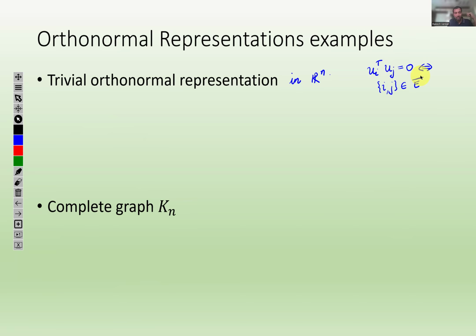So can someone tell me a trivial representation that works for all graphs? You just need to ensure that certain dot products are zero, that certain vectors are orthonormal, right?